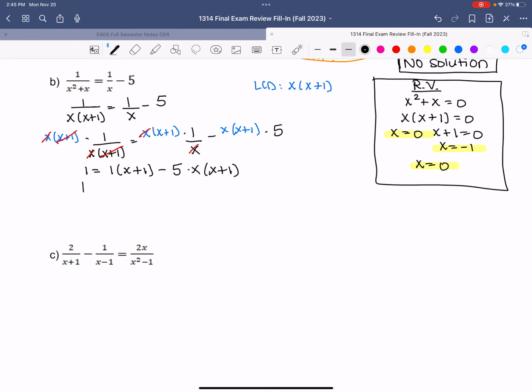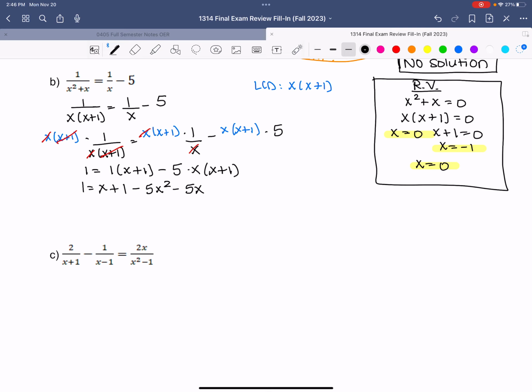Okay, so 1 equals, well, this is just x plus 1. And then when I distribute, this is 5x, right? So I get negative 5x squared minus 5x. All right. This is horrible. This is a terrible problem.